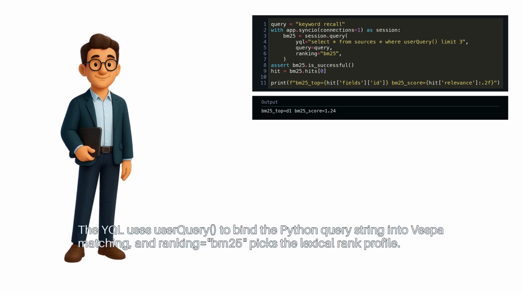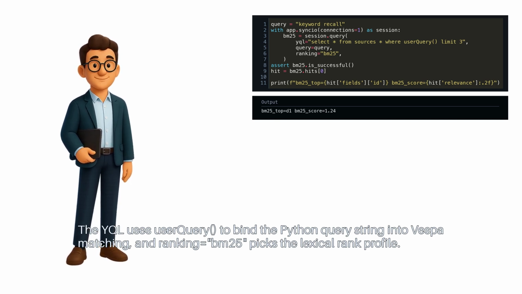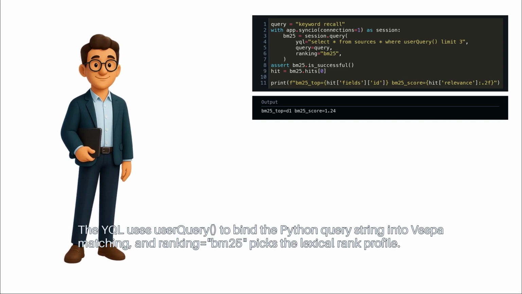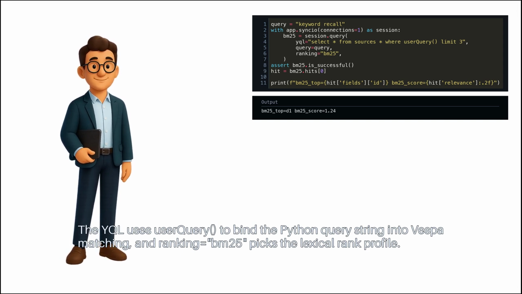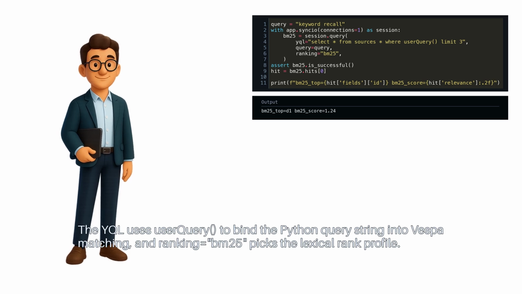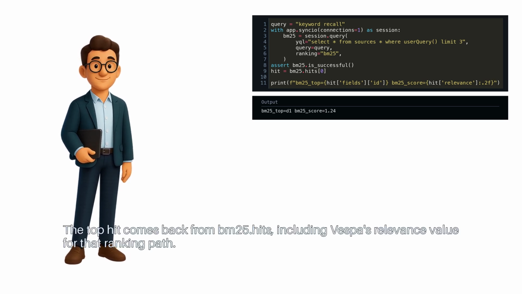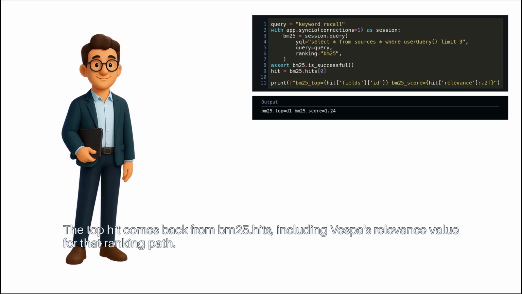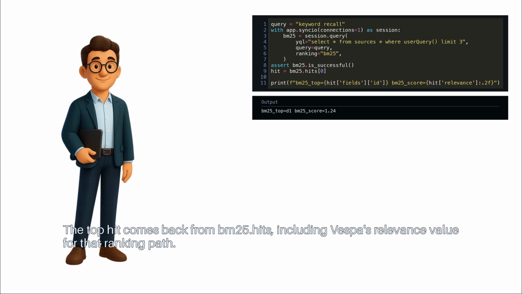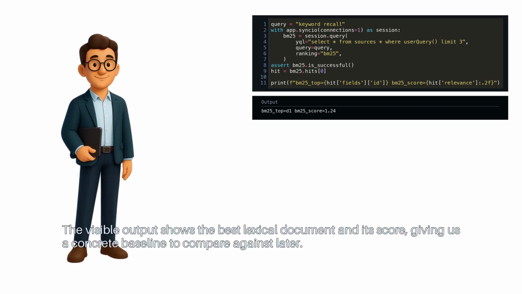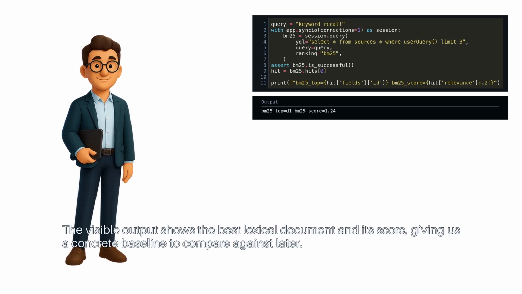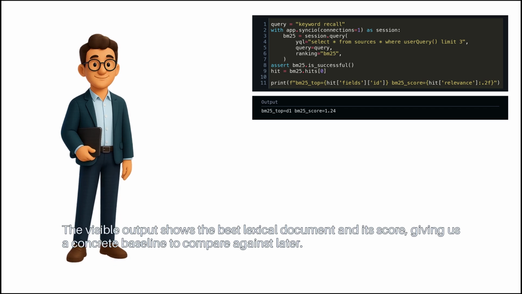The YQL uses user query to bind the Python query string into Vespa matching, and ranking equals BM25 picks the lexical rank profile. The top hit comes back from BM25.hits, including Vespa's relevance value for that ranking path. The visible output shows the best lexical document and its score, giving us a concrete baseline to compare against later.